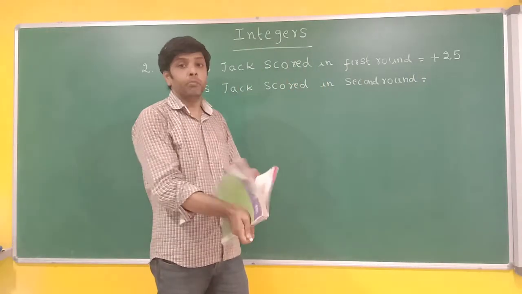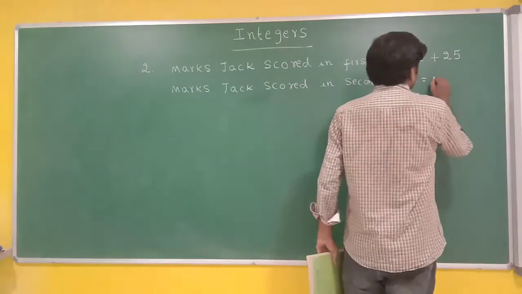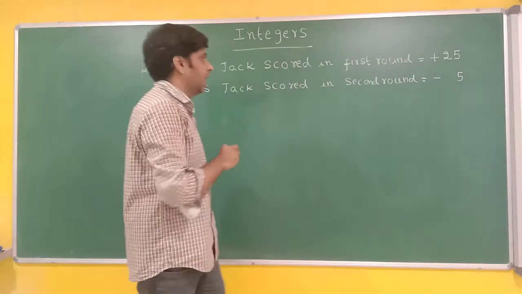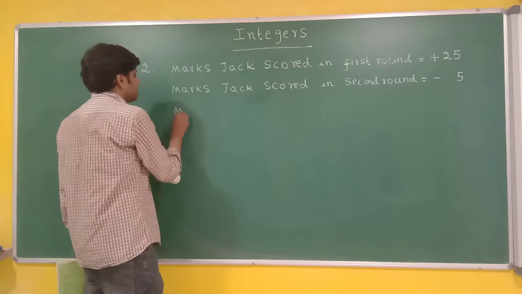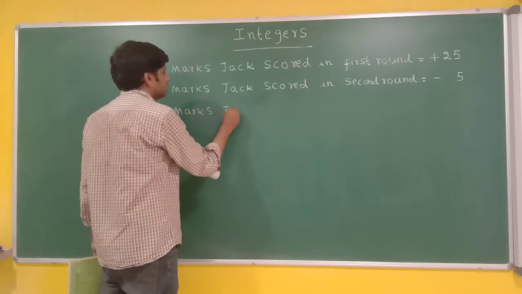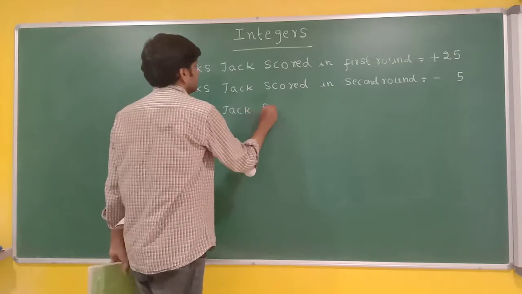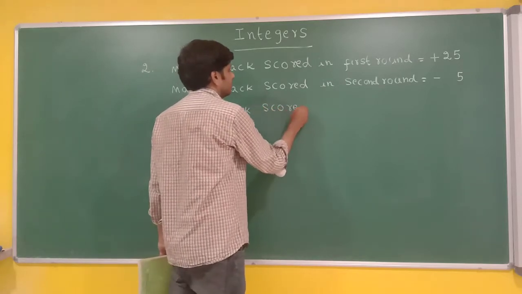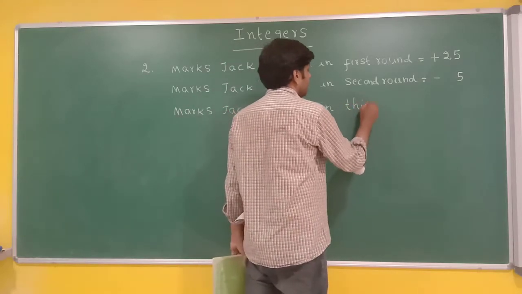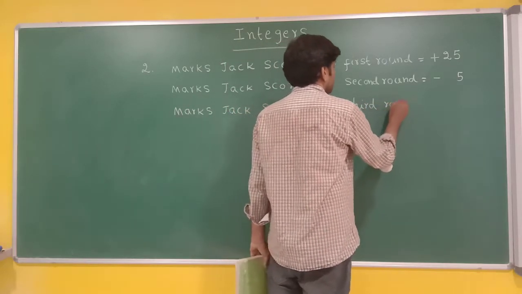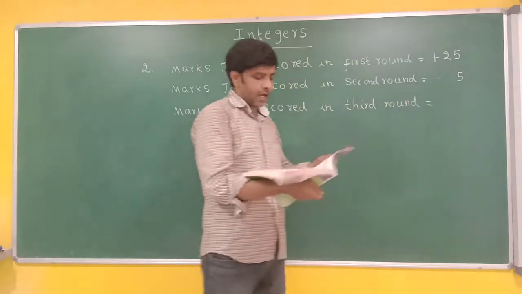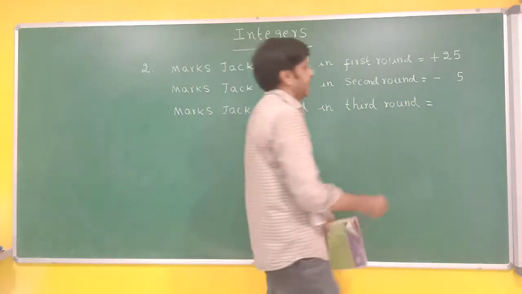It is minus 5. Now, marks Jack scored in the third round. In the third round, Jack scored minus 10.